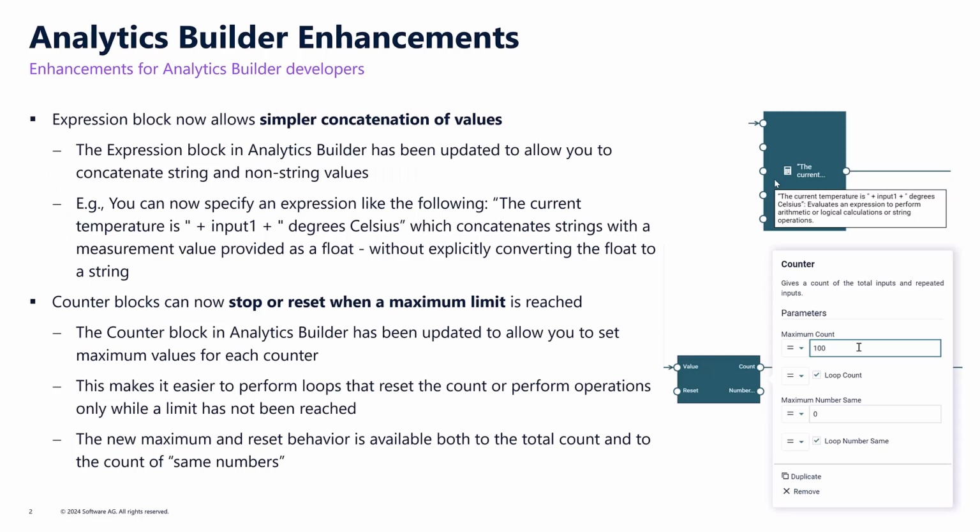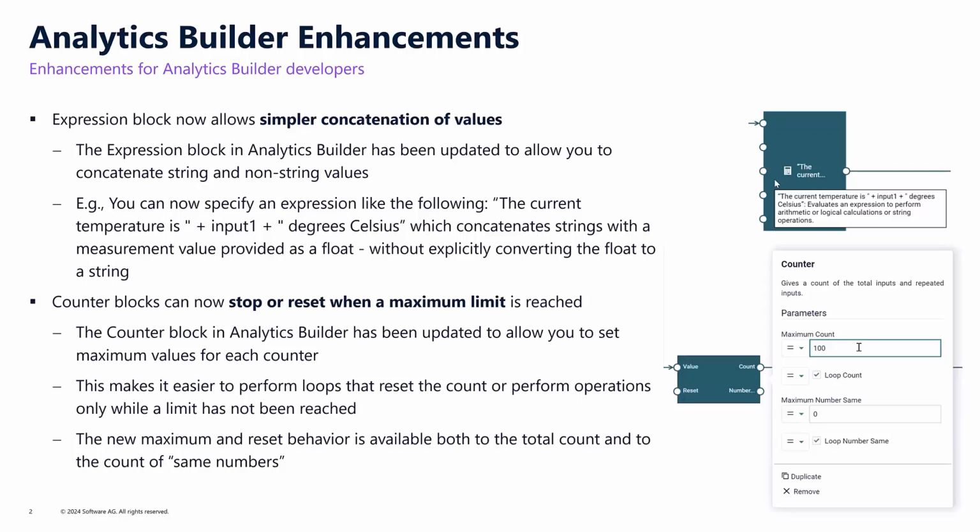So, starting with Analytics Builder, if you make use of the expression block, you've now got a slightly easier way to combine the inputs and the expression you're creating when that expression uses different data types. So you can now combine strings, textual items, and numeric items like floats, which can represent the incoming measurements.